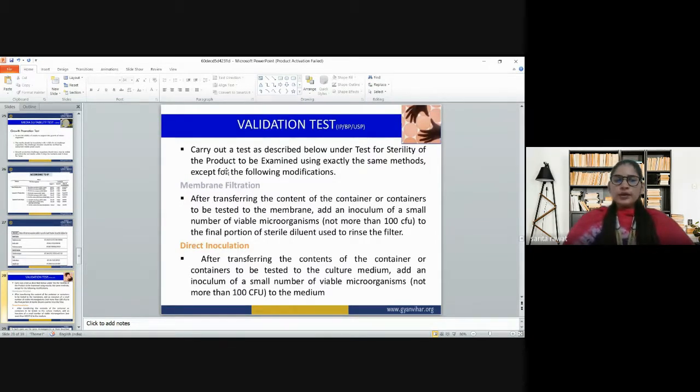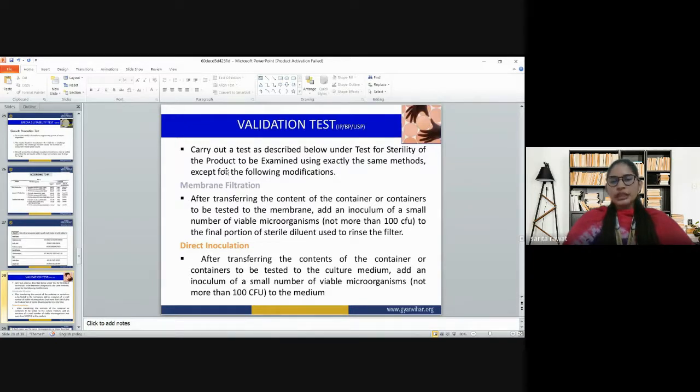Now, the validation test. It is carried out as described below under test for sterility of the product to be examined, using exactly the same method except for the following modifications.